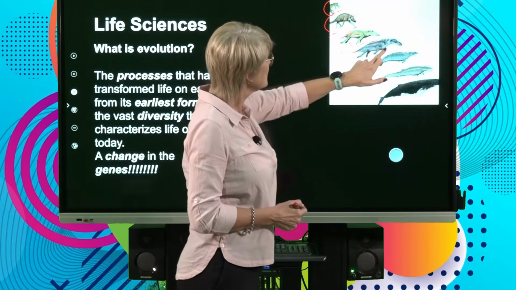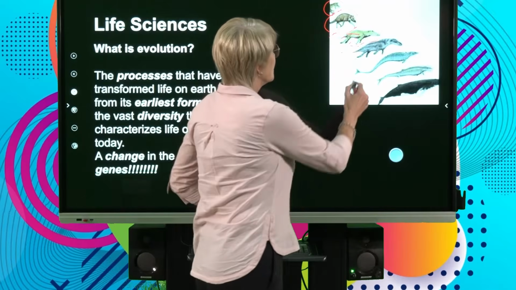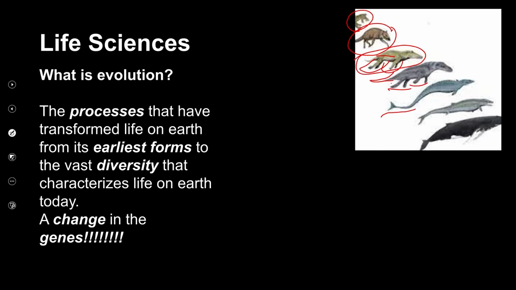As we go along here, already at this stage, the tail has now developed. It's much longer, and usually they use that as a propeller or as a stabilizer in the water. We don't see any evidence of hind limbs anymore, so they have actually changed completely. Here we only see the evidence of the front limbs.